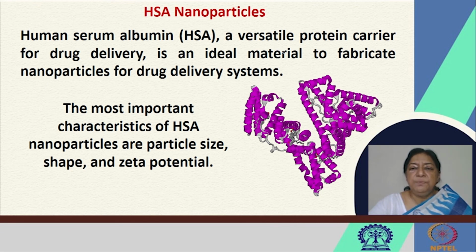HSA is a versatile protein carrier for drug delivery and is an ideal material to fabricate nanoparticles for drug delivery systems, not only as a protein corona on a nanoparticle, but creating the nanoparticle from HSA itself. The most important characteristics of HSA nanoparticles are their particle size, their shape, and the charge that can be determined by the zeta potential.